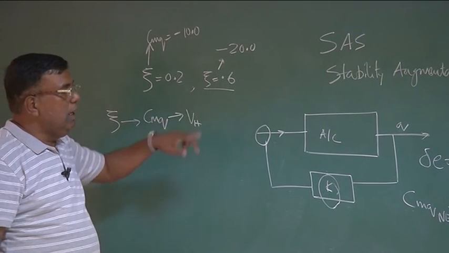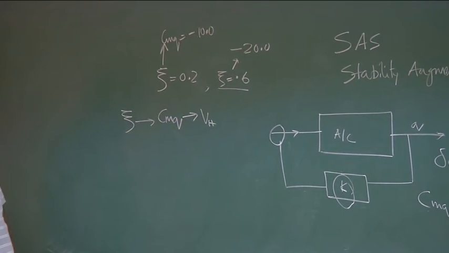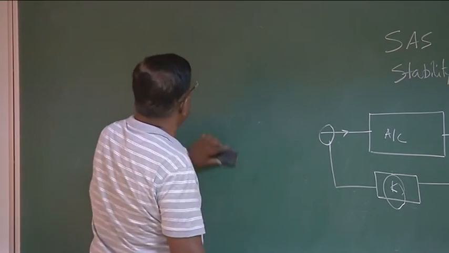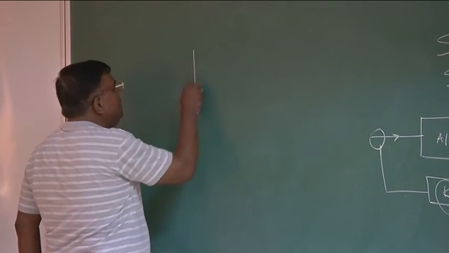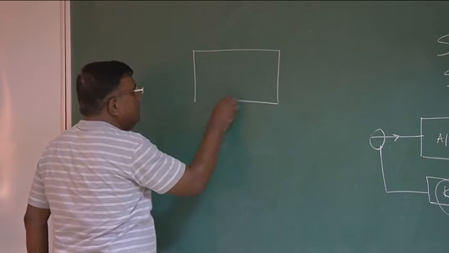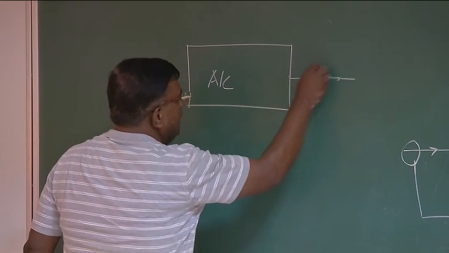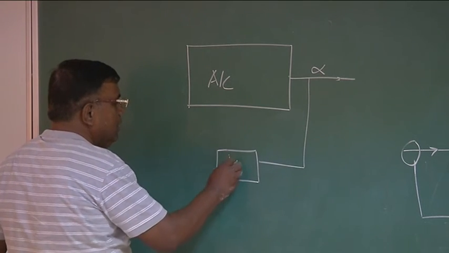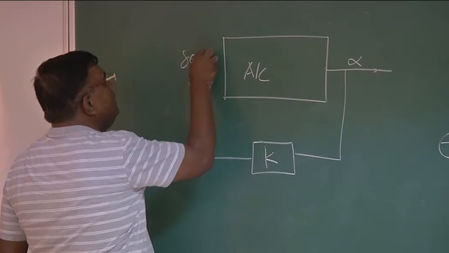So you can see how beautifully you can use SAS to change the damping ratio. If you want to do a similar thing for natural frequency, what do you have to do? This is the aircraft. You tap alpha, multiply by K, and the delta E is K alpha.